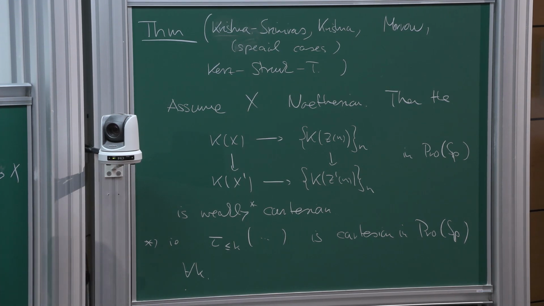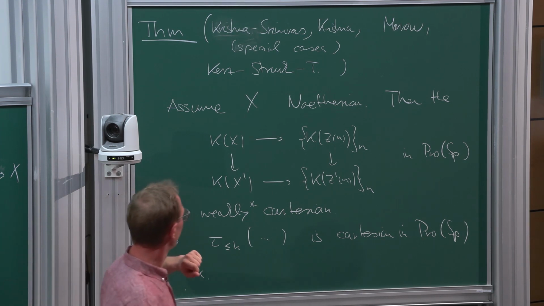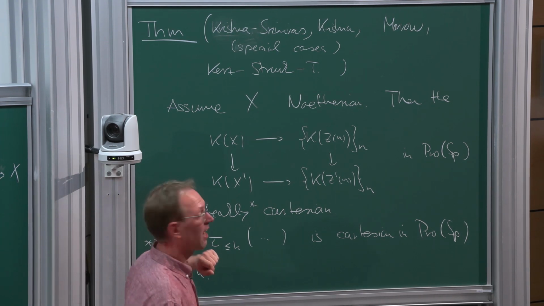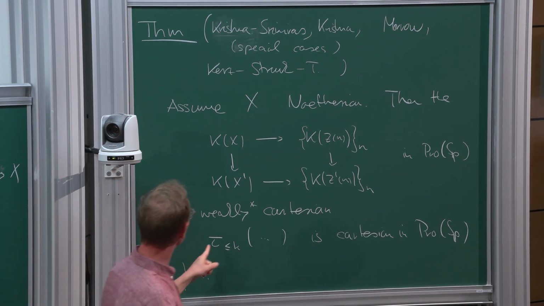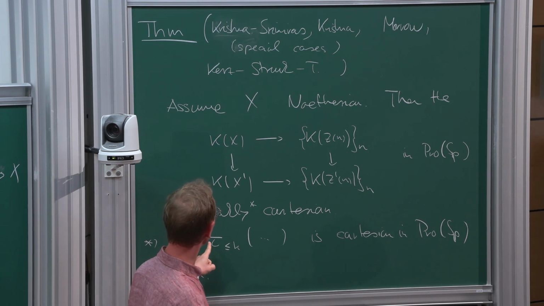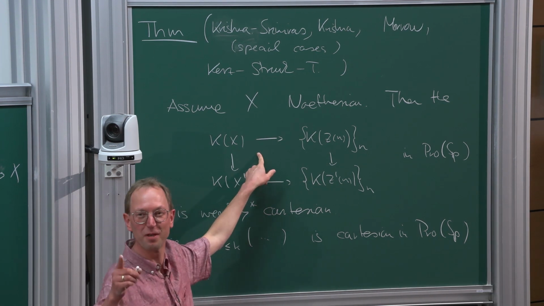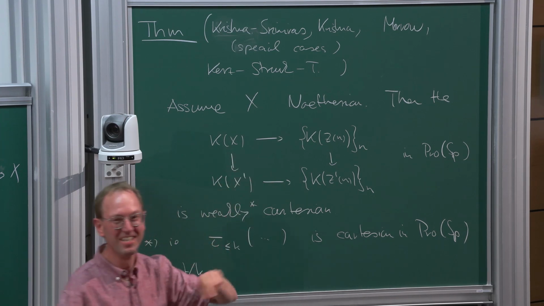Sorry, shouldn't you say that it's Cartesian in post truncated spectra? No, I mean that's the same, I guess, because the inclusion of truncated spectra into spectra preserves equivalences. No, but the fiber product. The fiber product, you truncate the fiber product, not the fiber. Yeah. Okay, maybe this was not completely ingenious how I did this. What I mean, you form the pullback and then you truncate this map.